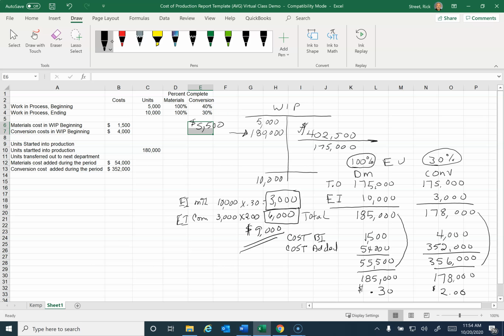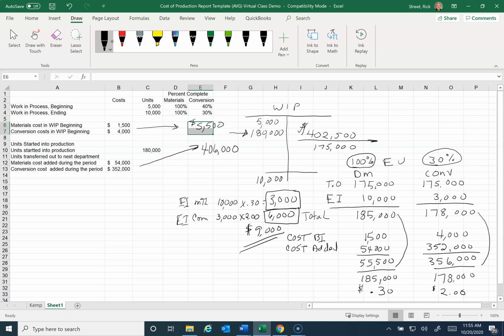That's the total here, as you see. And then we had some costs that were added, which is the 352 plus the 54, which is $406,000.